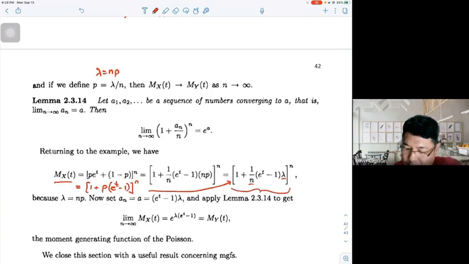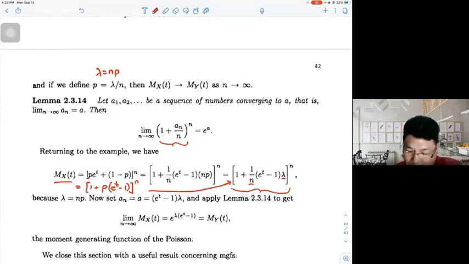Okay? 1 plus, yung denominator yung n. So, ano yung a sub n dyan? So, we can let the a sub n here to be equal to a there, no? Equal to a, and that is e to the t minus 1 times lambda. And then applying now lemma 2.3.14, here, the limit of the moment generating function of x, we're going to evaluate that.